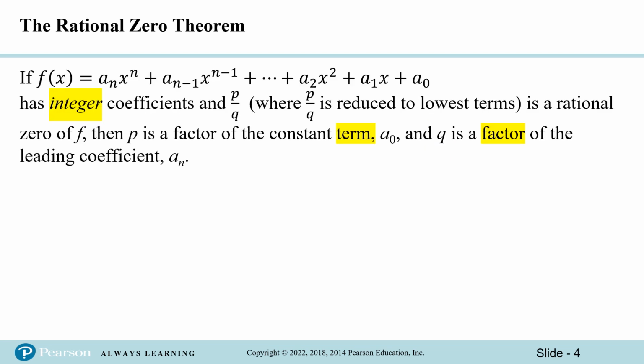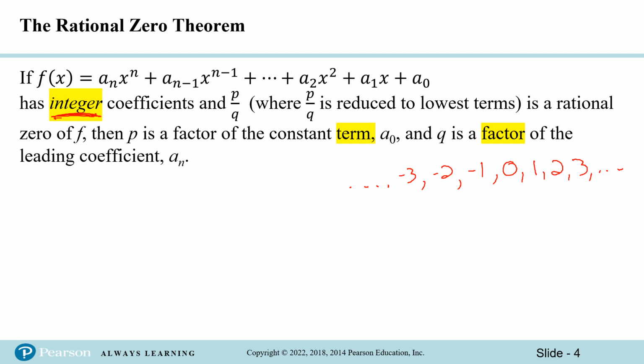The rational zero theorem. Okay, so we have a polynomial that has integer coefficients. Remember integers, those are the 0, 1, 2, 3, etc., and -1, -2, -3, etc. No fractions, no decimals, no square roots, whatever.